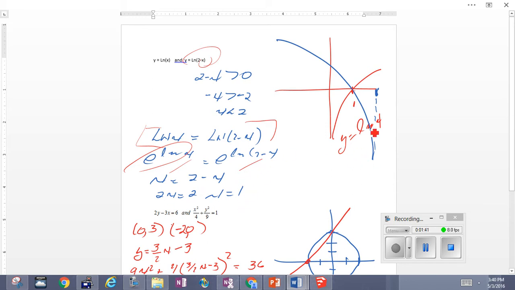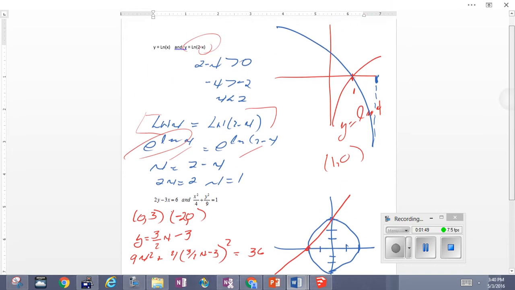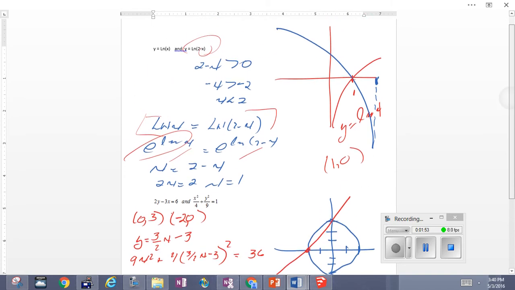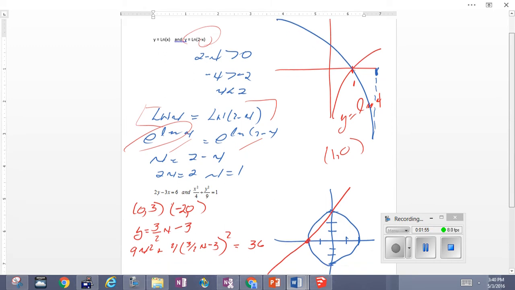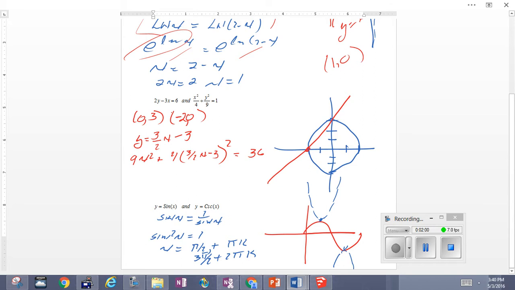So yeah, the point of intersection there is (1, 0). Okay? And again, this is a review of graphs, so if you're a little tenuous about how we got those graphs, then you have to go back and review those logarithmic functions.